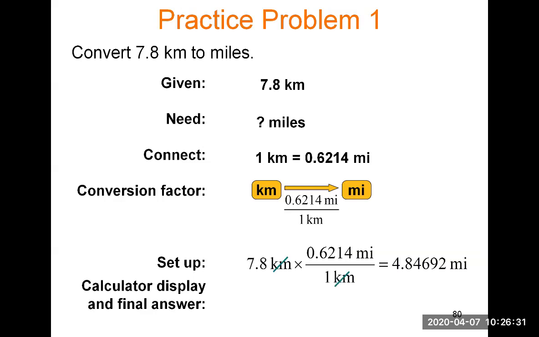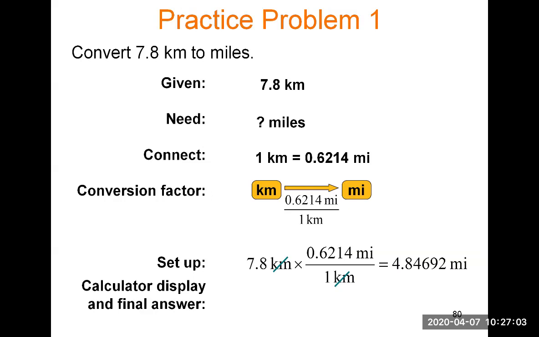And now in the calculator, we do 7.8 times 0.6214, and 4.8462692 miles is the calculator answer. Remember that your calculator doesn't know about sig figs, so you need to remember to round this properly to the correct number of significant figures.